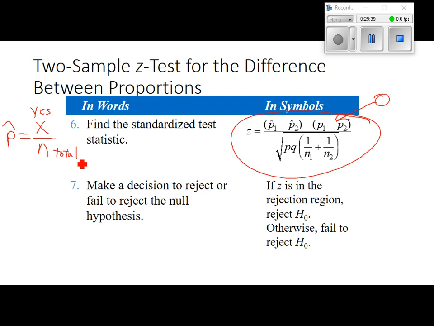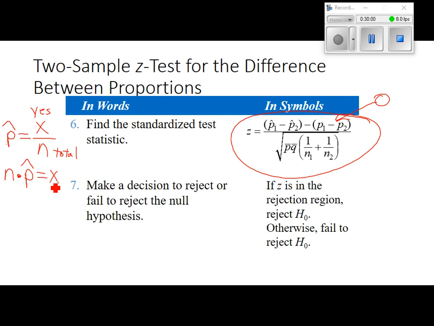And then the other thing you can do, if you don't know what X is, because your calculator is going to ask you for X and N, if they didn't tell you the number of yeses, but they told you what P hat was, you take N times P hat, and that's going to tell you what X is.